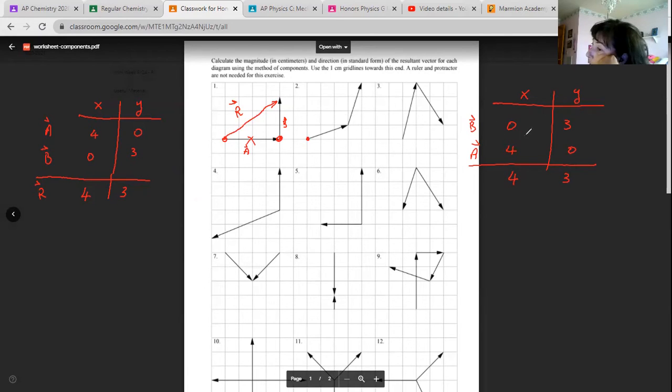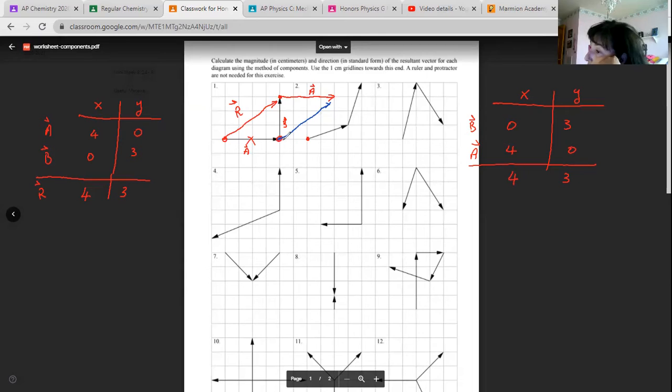I'm doing no steps horizontally, but I'm doing 3 vertically. And then once I reach this point, I'm taking the A directions, which is 4 east and no west. So this is going to be the vector A. So in this case I'm going to have the resultant vector that starts at 0 and ends where I end.